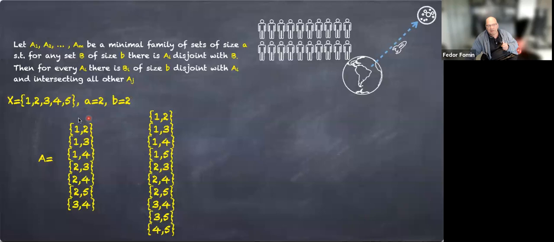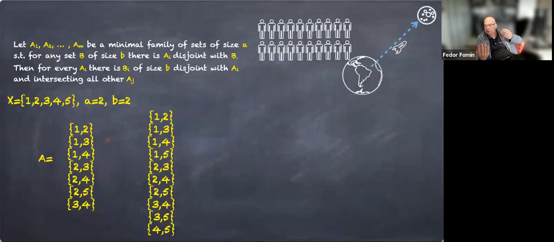And let me take the family of these sets. It's not all pairs of sets of size 2. But if you play with the sets, you will see the following property. Imagine you are an adversary and you play against me.